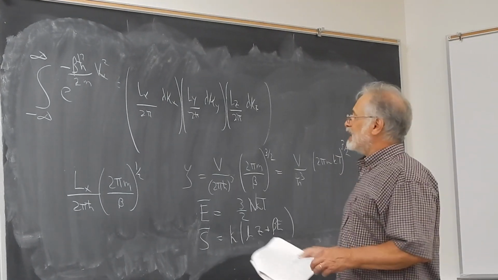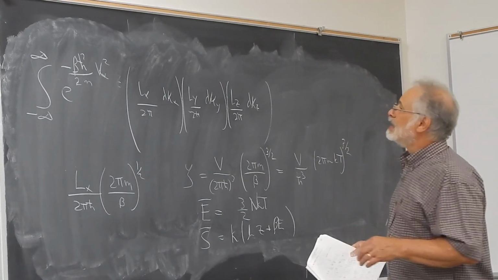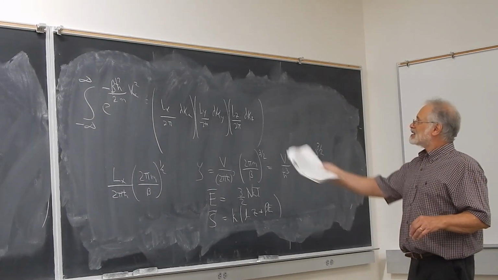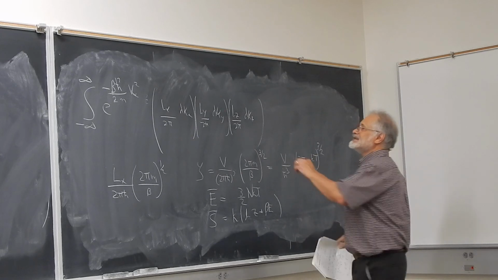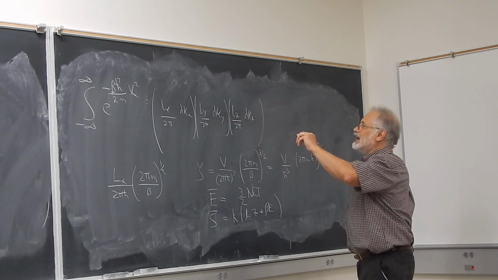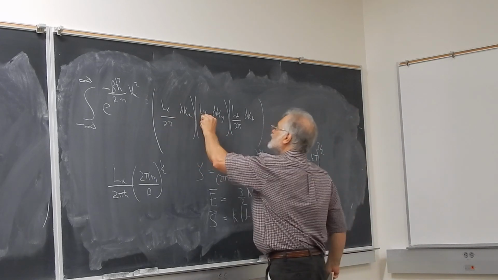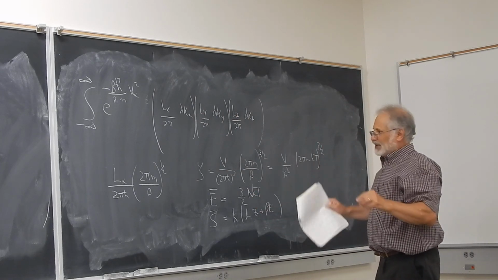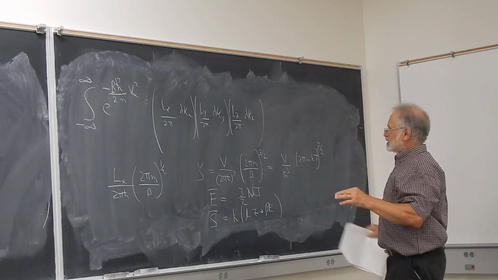We were calculating a one-particle partition function for an ideal gas, and we had come up with an expression like this. I had said that we can take each of these terms individually, evaluate the integral, and take the product of the three integrals.